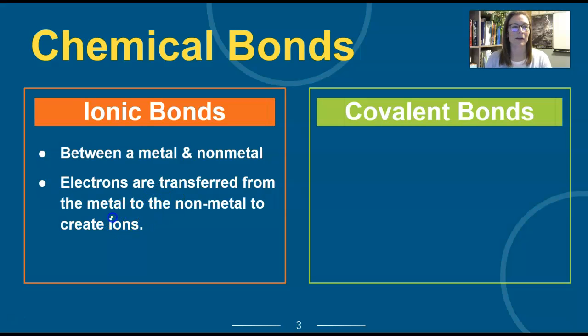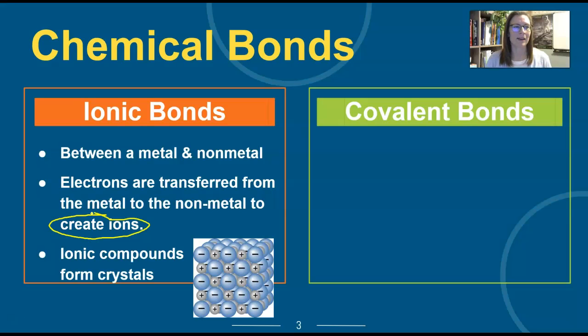And so the important part here is we are creating ions, right? So we're creating ions with an ionic bond. And then lastly, ionic compounds form crystals. So the chemical formula for what you see down here would be something like NaCl, sodium chloride.